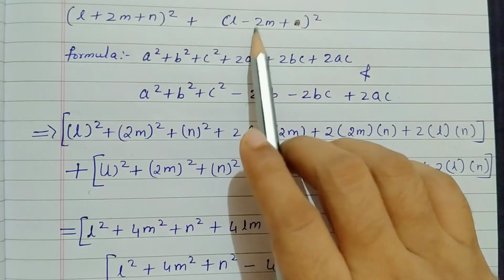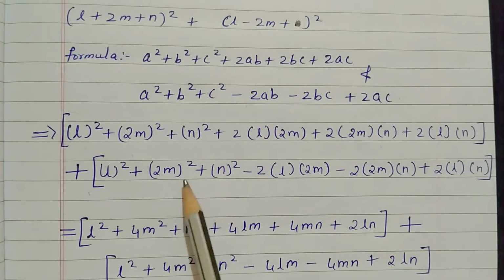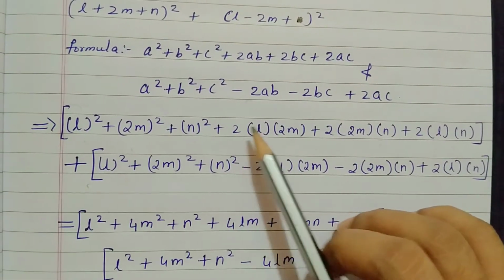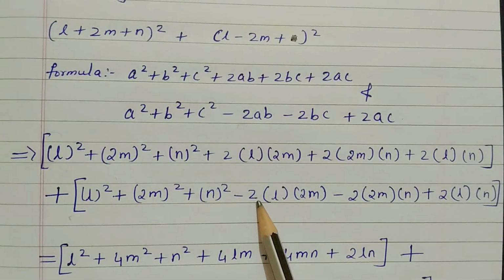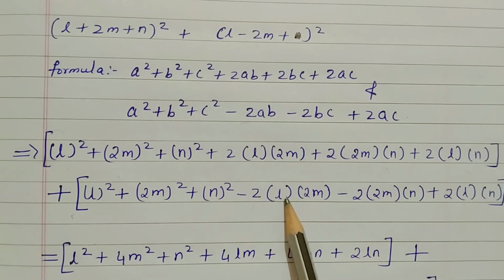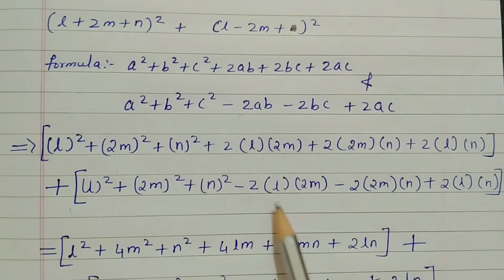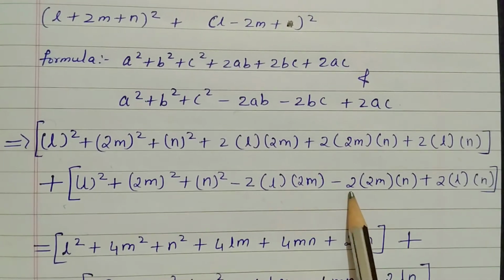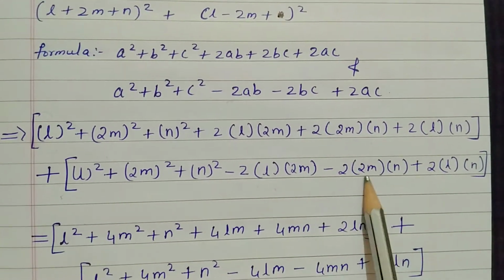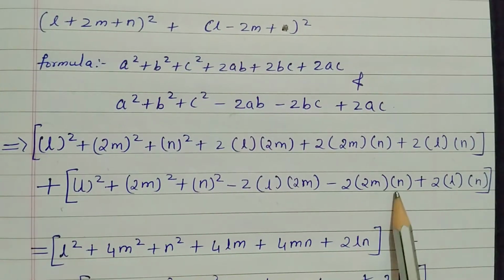Now this bracket we have to expand: L square plus 2m the whole square plus n the whole square. Now here minus 2ab, so minus 2, a is L, b is 2m. Okay, minus 2ab, minus 2 in bracket L and 2m, minus 2bc, minus 2, b is 2m, c is n.